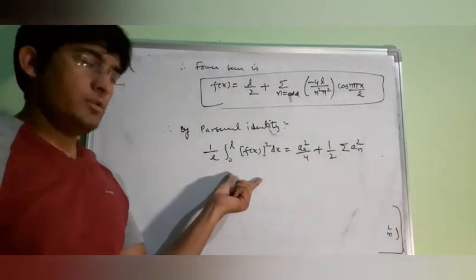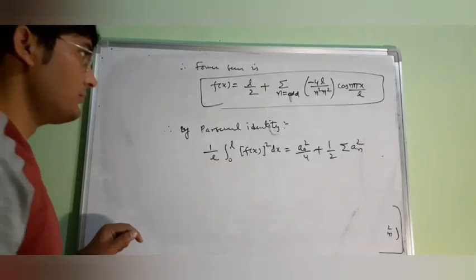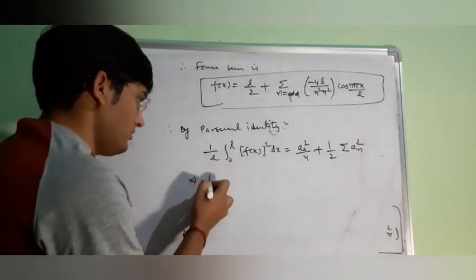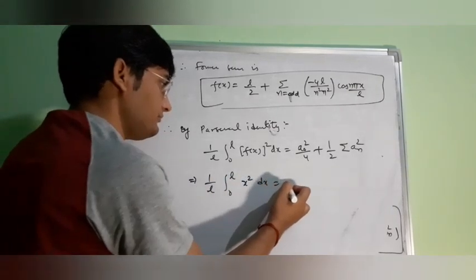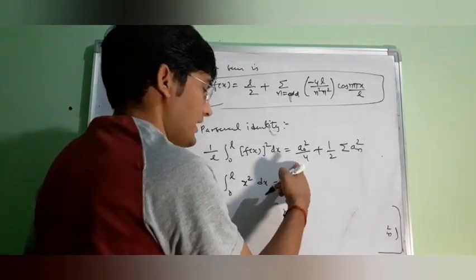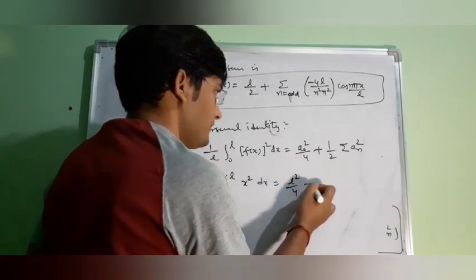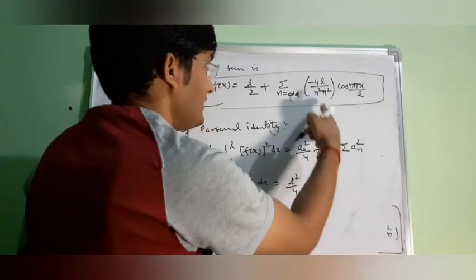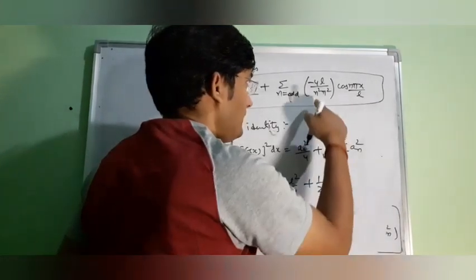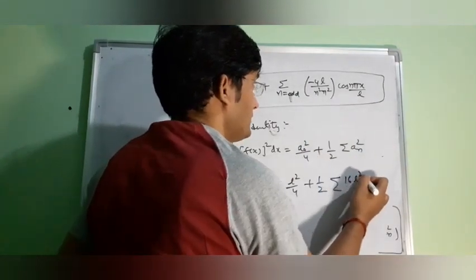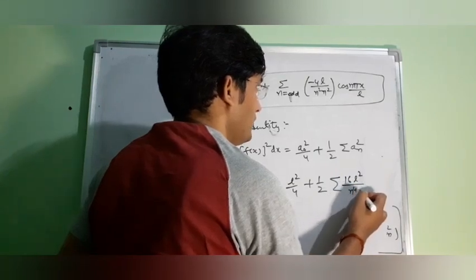So by this Parseval identity, our f(x) was x, so this will be your x square, and here our A0 was L, so this will be your L square by 4, and here your a_n is minus 4L upon n square pi square. So its square will be 16 L square upon n power 4 pi power 4.